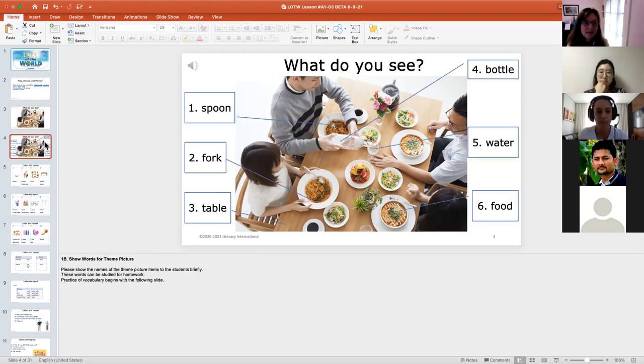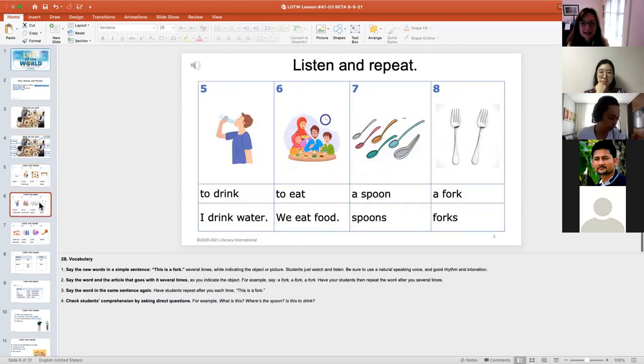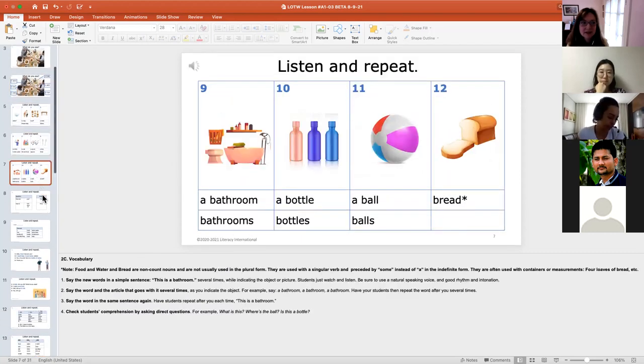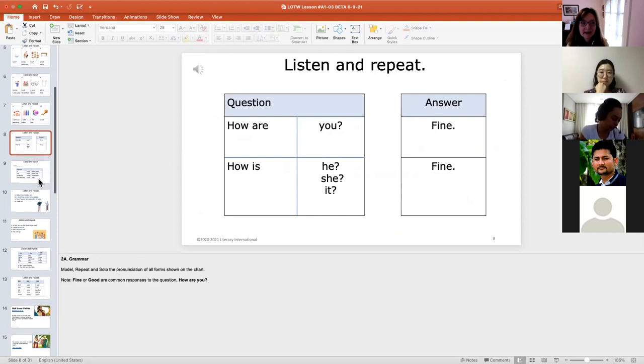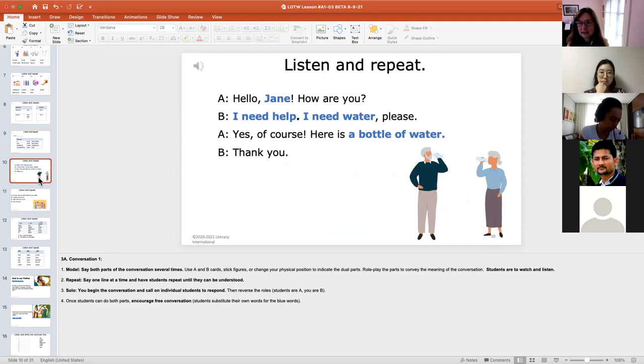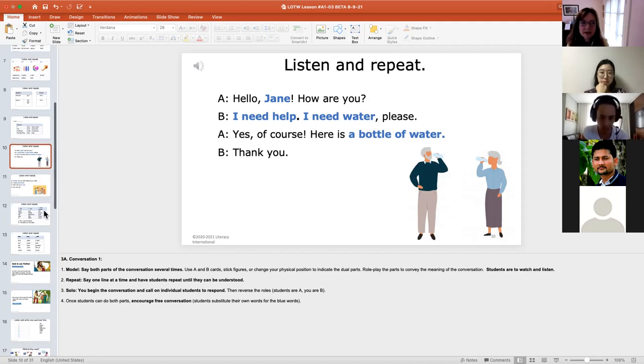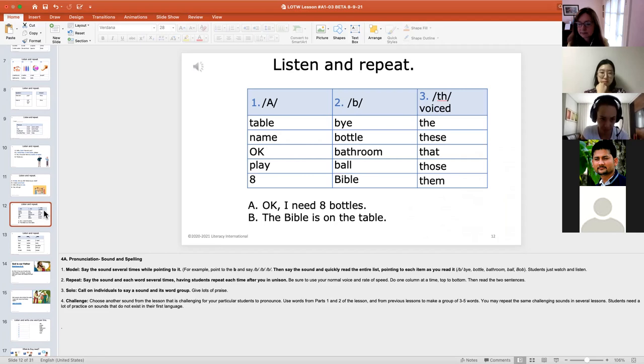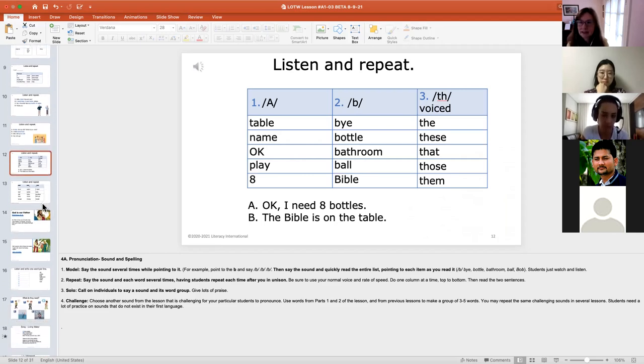Just as you go through the theme picture and the vocabulary, you're likely to hear it right away. Also in the conversation, you're going to hear them making pronunciation errors, and you can use the ones they've just encountered in the same lesson in the challenge box. Okay, that's helpful. Yeah, good. That's a great question.